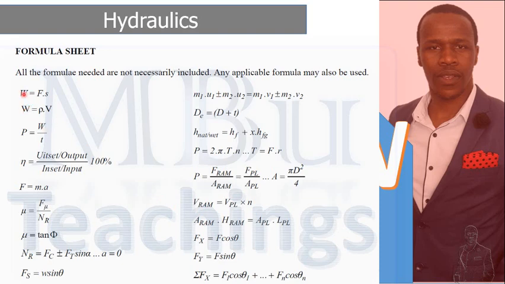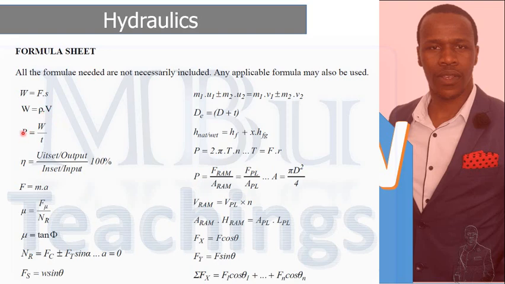Work done is equal to force times distance, or simply put, it is equal to P times volume, not rho, because remember m is equal to rho times volume, but work done is equal to P times volume. This P is the pressure, because we know that pressure is equal to force over area. So this pressure is a small letter p, that is the same pressure.